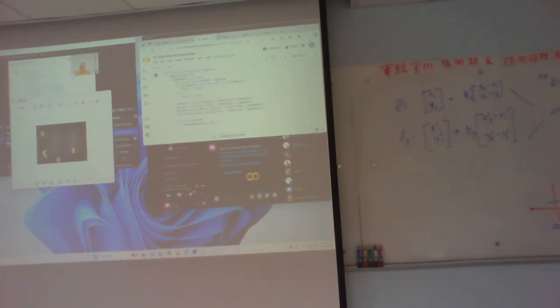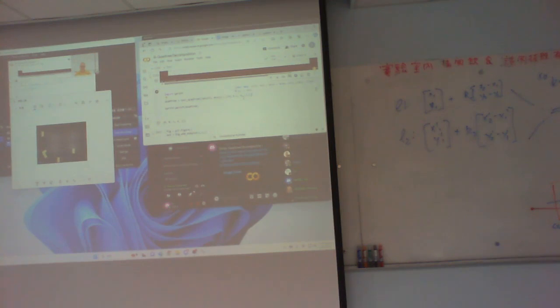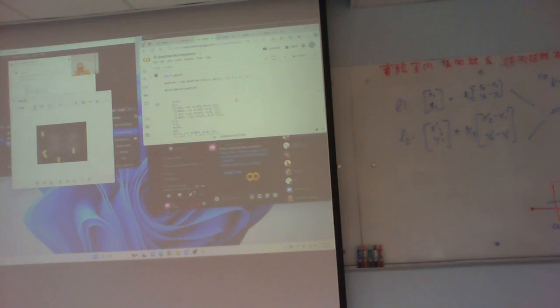So let's say 0.1, 0.1, 0 degrees, and 1 meter, and that's the only obstacle. So then we have one split.